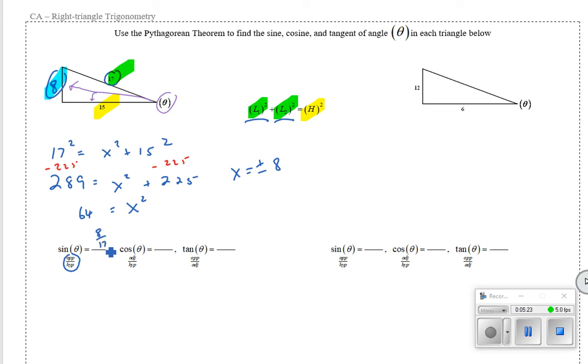The cosine is going to be the adjacent over the hypotenuse. And after you do this 3 or 4 times, you'll realize that the tangent is always, just cancel those 17s out, 8 over 15. It is the opposite over the adjacent, but if you just cancel the 17s out, you get the rest. Okay, let's look at this one.